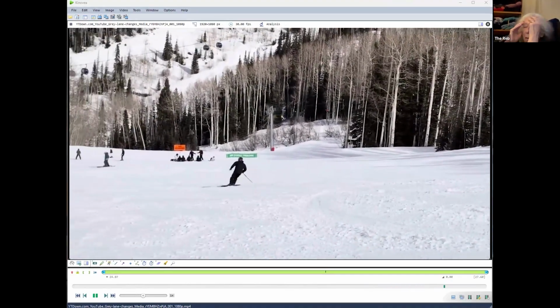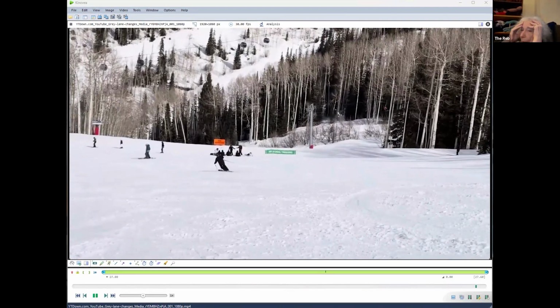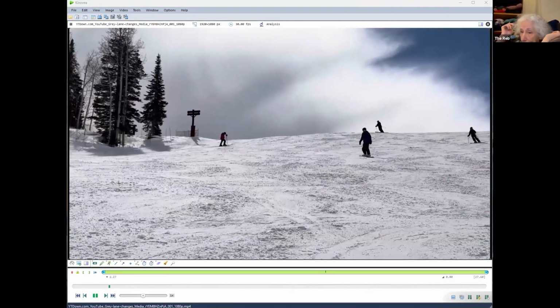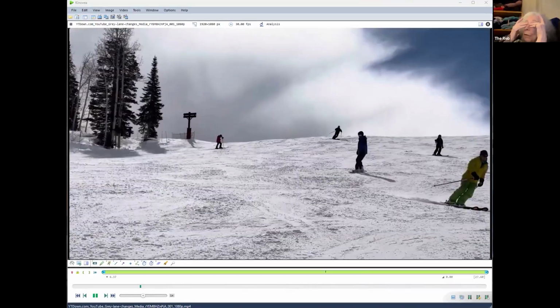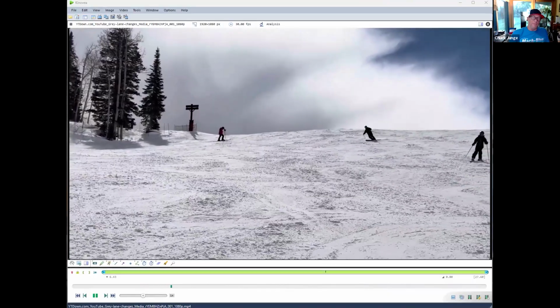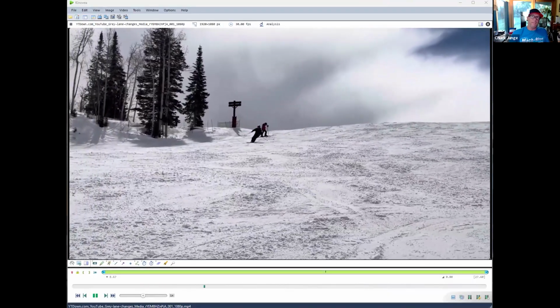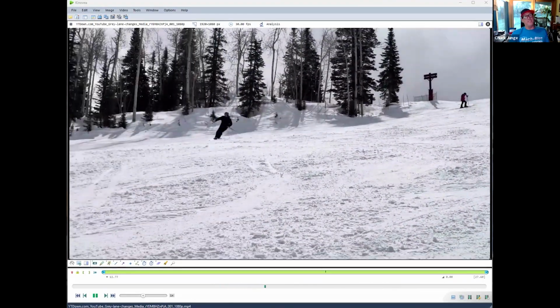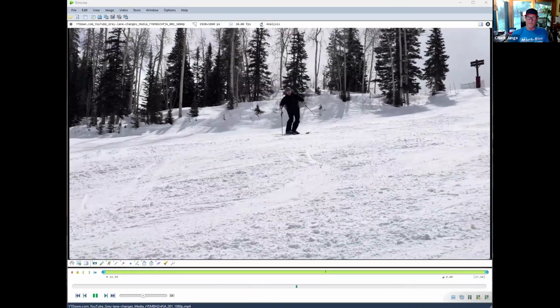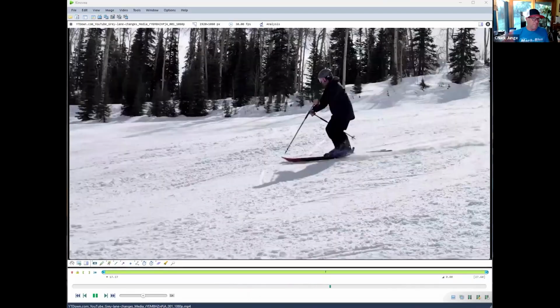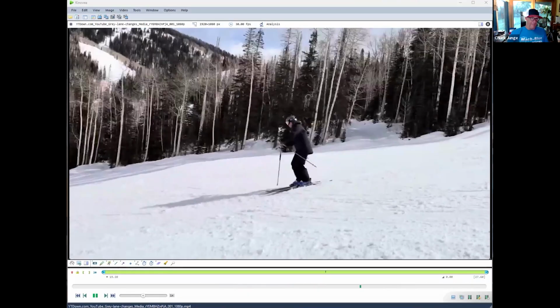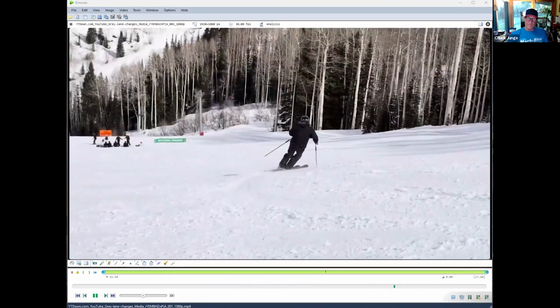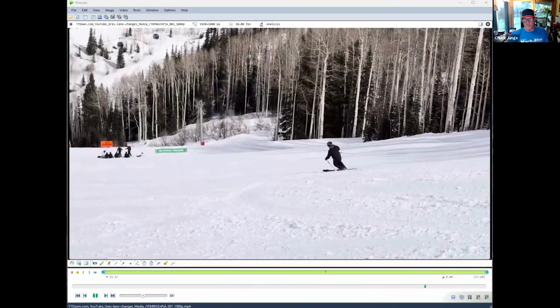Okay, exactly. I'm still not understanding what the difference between banking and inclining is, because they look the same to me. Well, they do look the same in a lot of ways, right? But I think actually AJ did a really nice job of describing it. This is why we like to tie these two together when we're doing descriptions, because they're so closely related in a lot of ways.